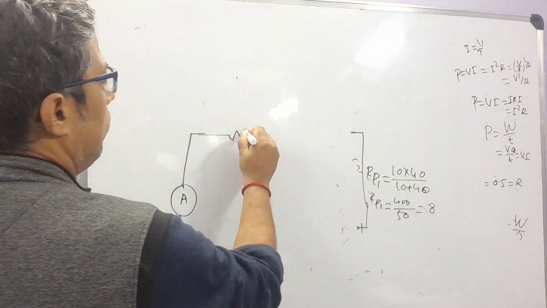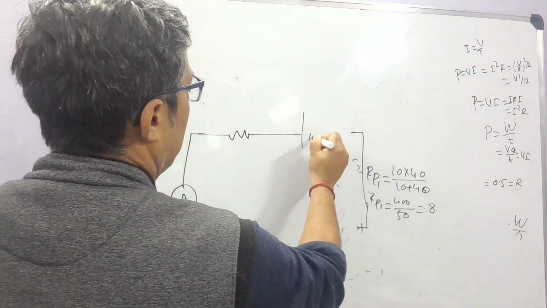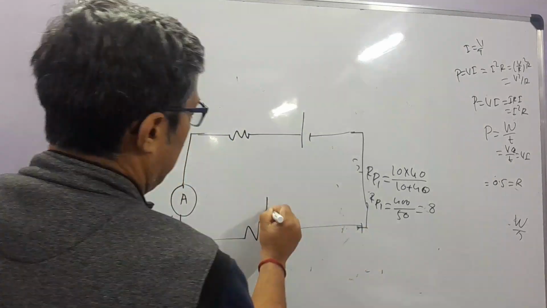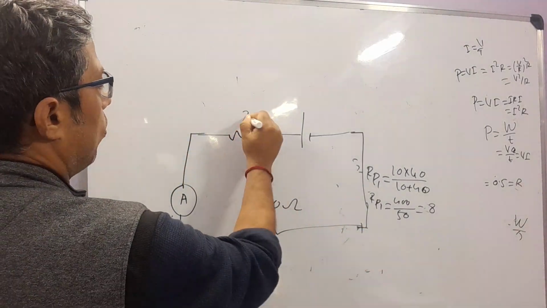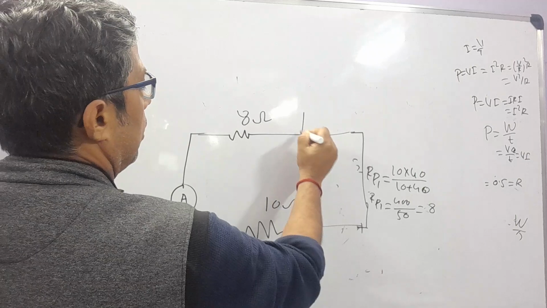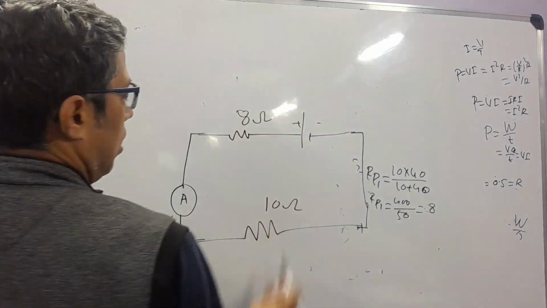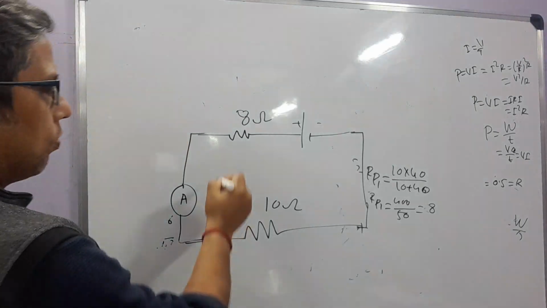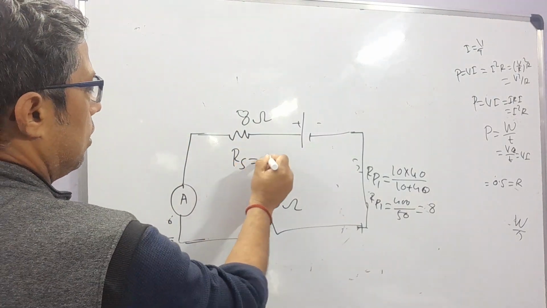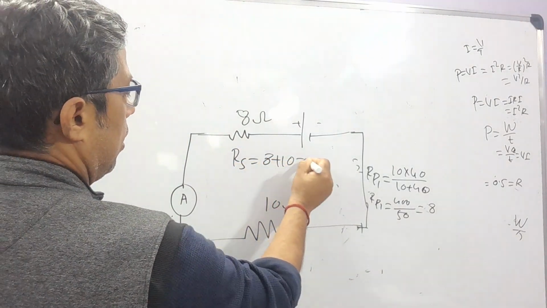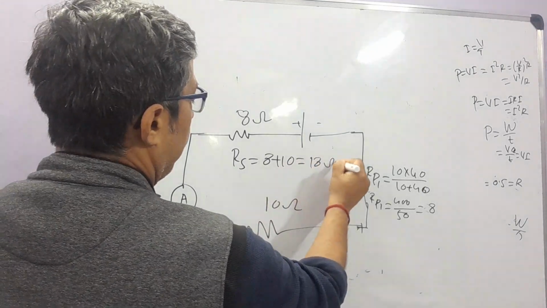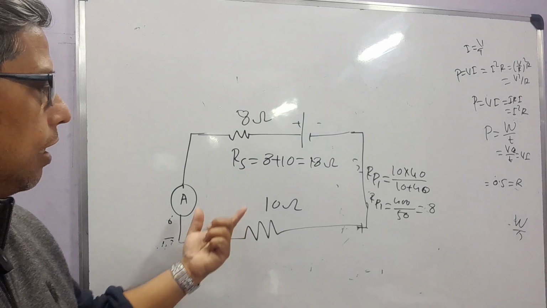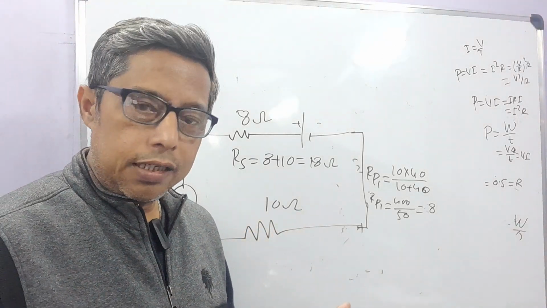So it will be an 8 ohm resistance, here the battery was there, and this will be an equivalent resistance of 10 ohm. 10 ohm, 8 ohm, and this is the battery, right? Now these two are in series in the circuit. So the resultant resistance RS is equal to 8 plus 10. सीरीज में ऐड होता है, तो हो गया 18 ohm. So you got the resultant or equivalent resistance.